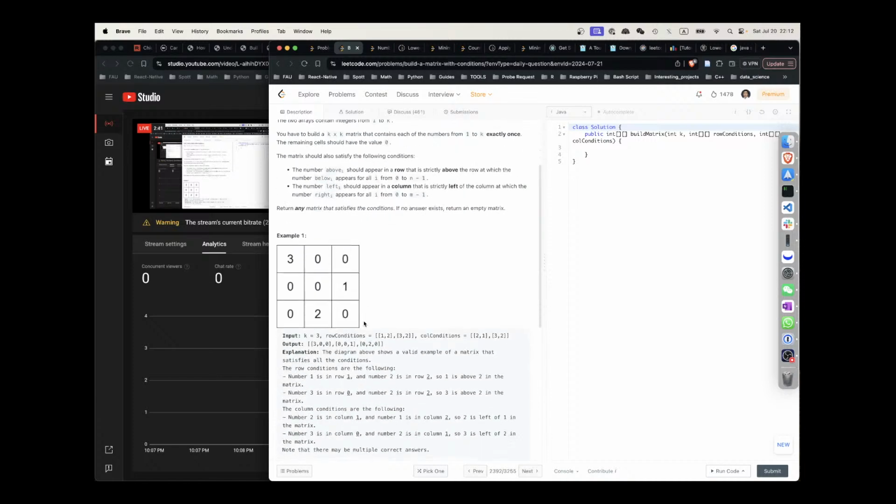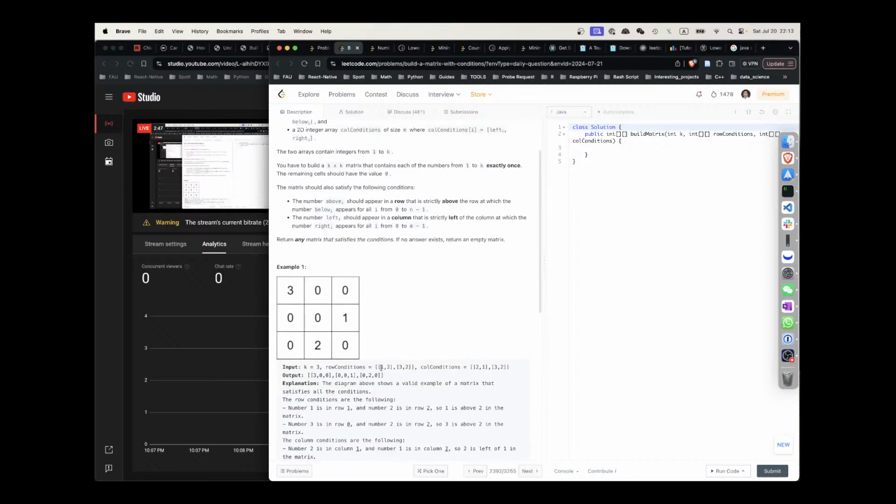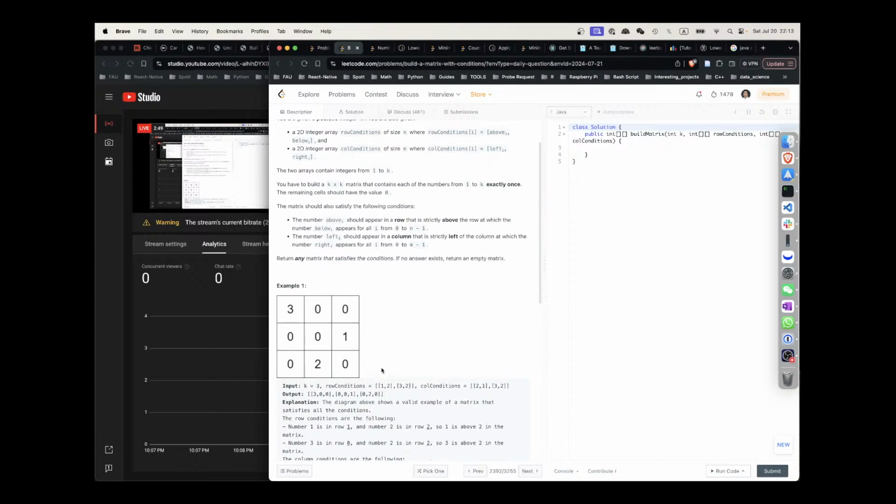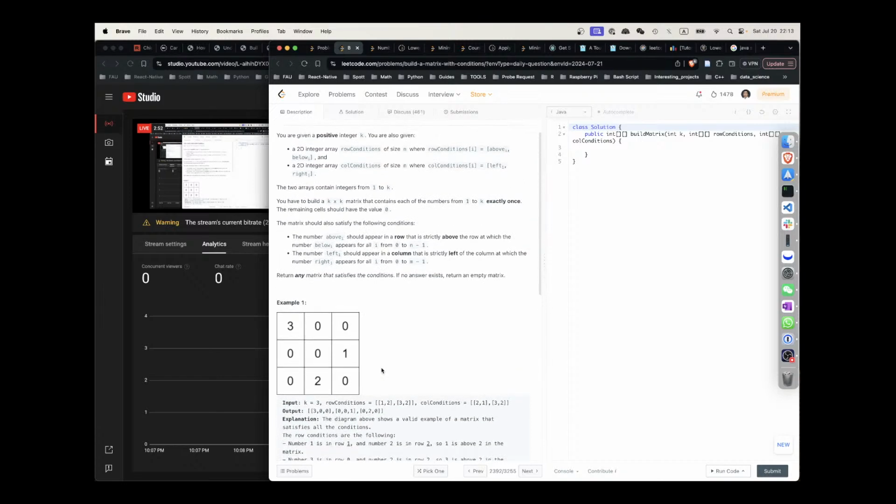We need to check the example. So row condition is above and below. Wait, hold on. I still don't understand. The number above i, I think that's the ith row, right? i doesn't make any sense.